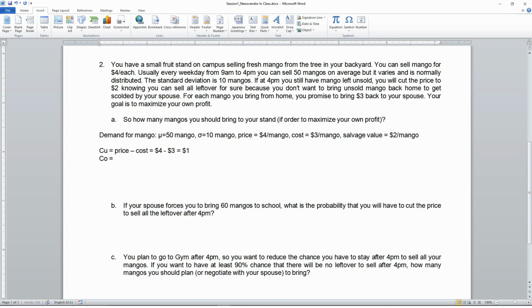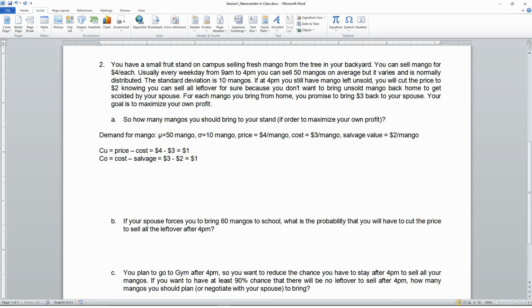And the overage cost is if we had one mango left over, how much did it cost us minus how much we can get back from selling it at half price. So it's cost minus salvage, which is $3 minus $2, once again $1.